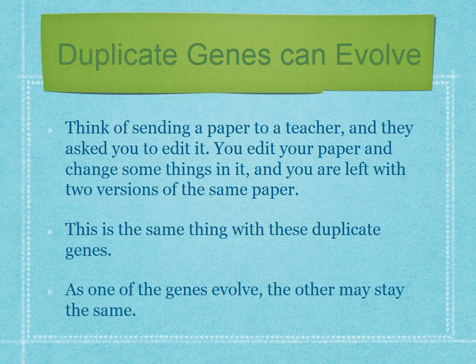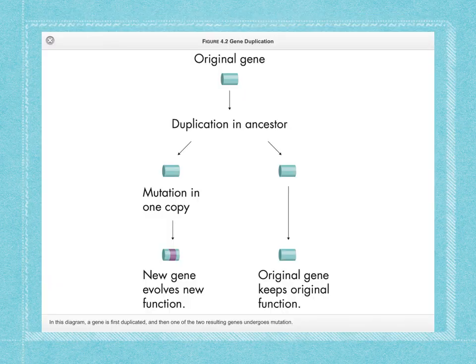So this is the same thing that happens with duplicate genes. As one set of the genes evolves, the others may stay the same, which is where we can get separation. So if you see here, we have the original gene, we have a duplication somewhere in a common ancestor, and we have a mutation in one copy, and that gene evolves some new function, and then the original stays the same.